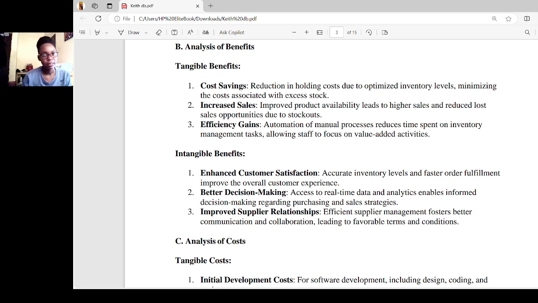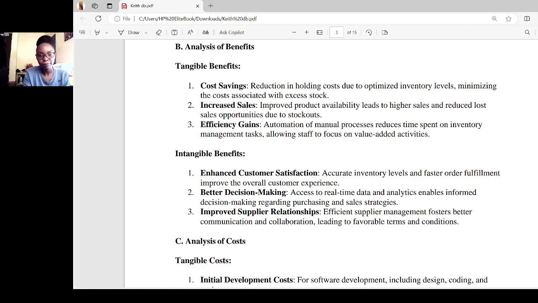Then it will help in better decision making, as I had said previously, since we make decisions referring to our records, the future and the present, what is there and what has passed, and we can even approximate what may happen in the near future basing on our past records. It will improve supplier relationships. We shall be able to manage and collaborate with suppliers, since we can communicate efficiently.